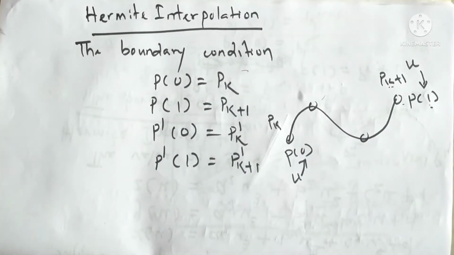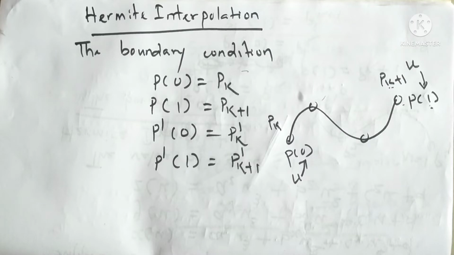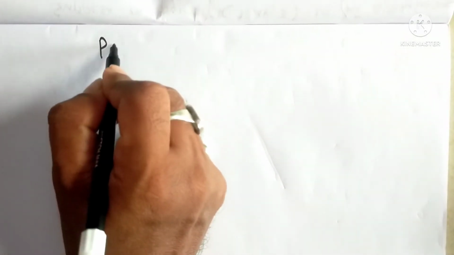Now we are going to find the values of Pk plus 1, P dash k, and P dash k plus 1.